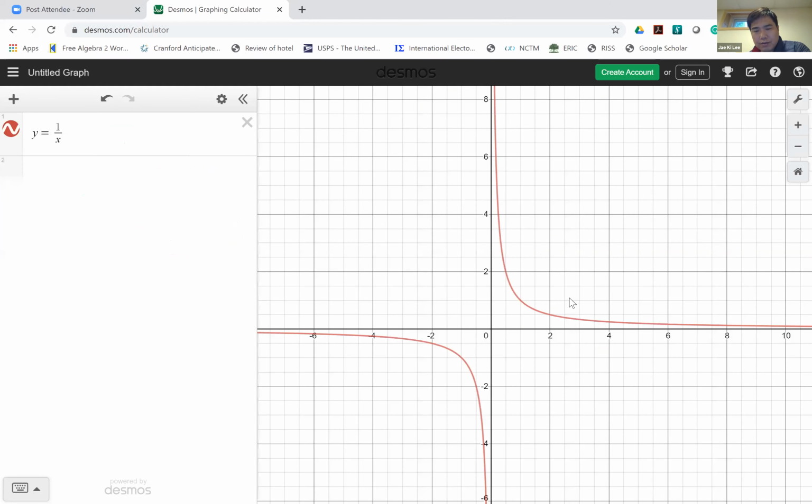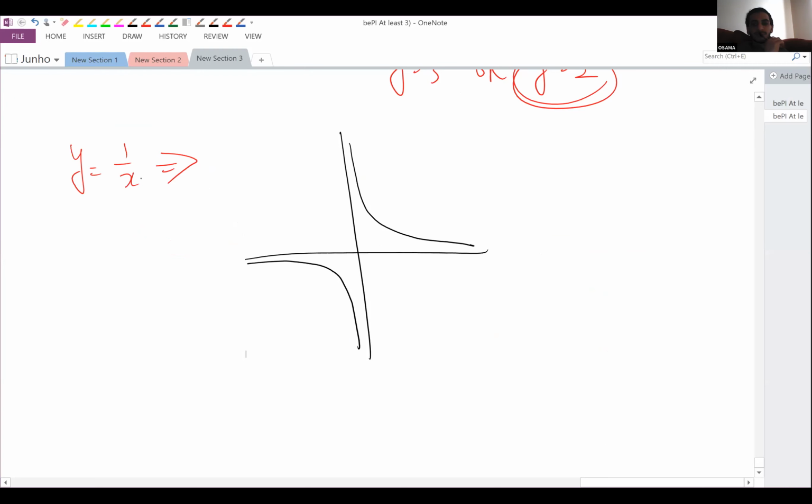Now Osama just mentioned that x equals 0 makes an undefined case. Now we want to interpret it graphically here. If I remember correctly, on the left-hand side, it's going to the negative side. On the positive side, it's going to the positive side. Is that right?